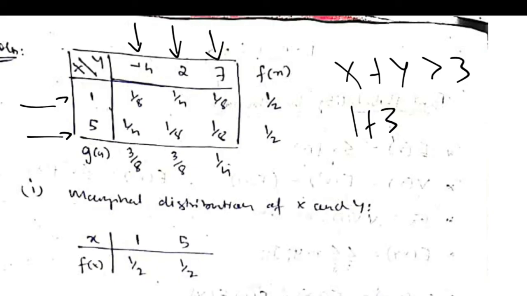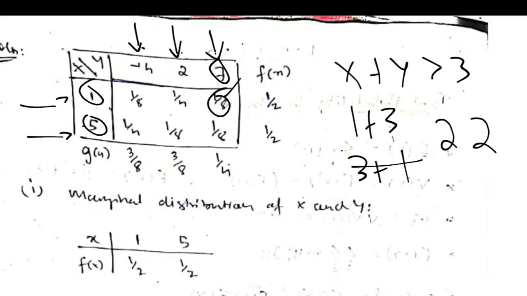So this is the selected row and this is the selected column. This is one of the valid elements. Next, I can put 3 plus 1, but 3 and 1 can't be taken because there are no 3 rows. So this is not possible. 2 and 2 is possible.